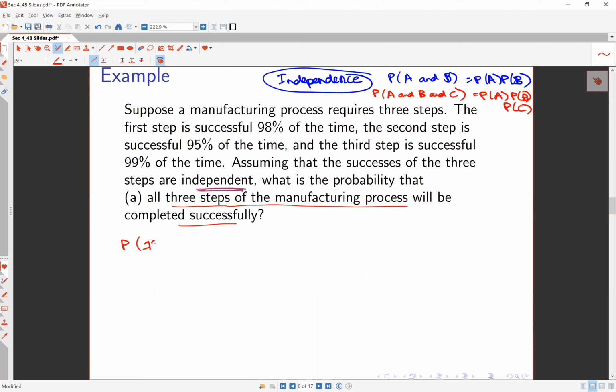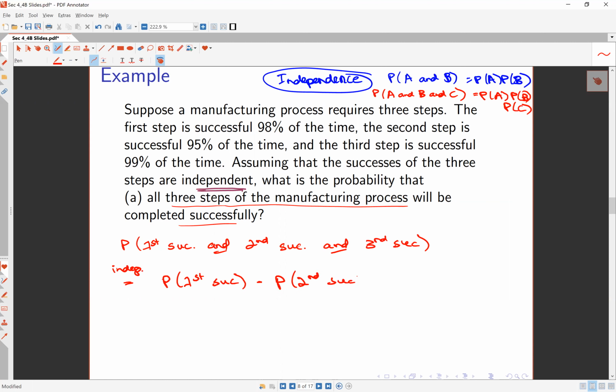Meaning we want the probability that the first step is successful and the second is successful and the third is successful. And by independence, this is just going to be the probability that the first is successful times the probability that the second is successful times the probability that the third is successful.